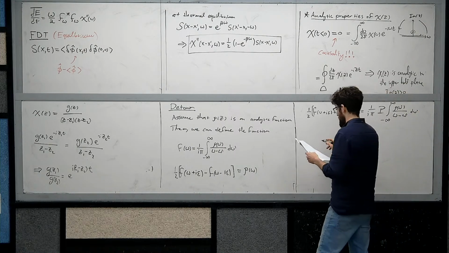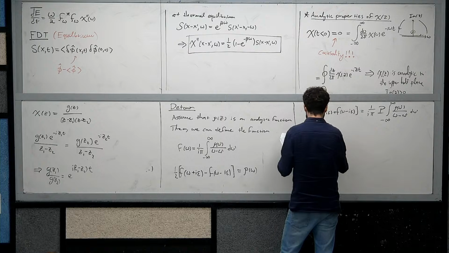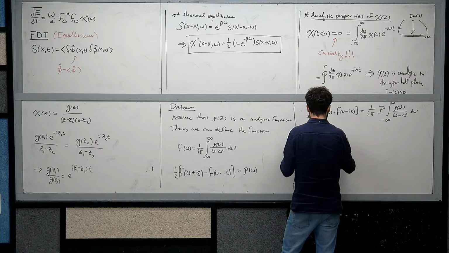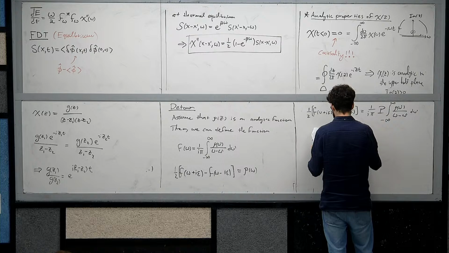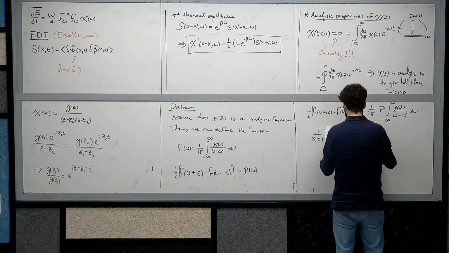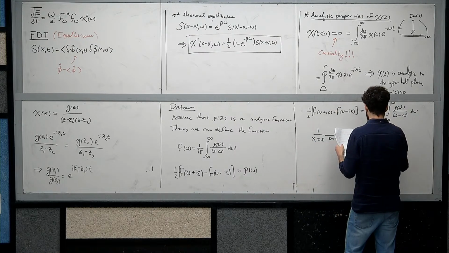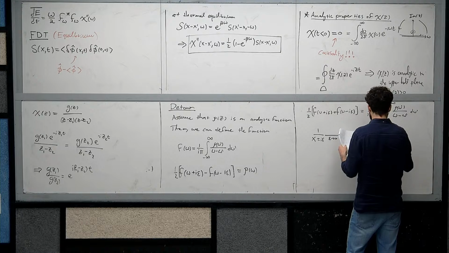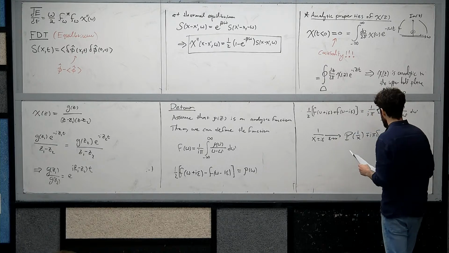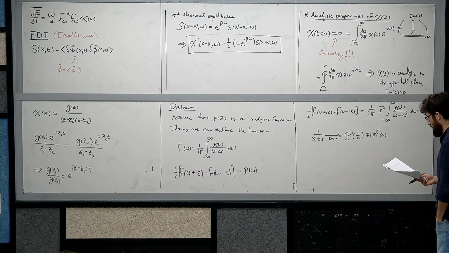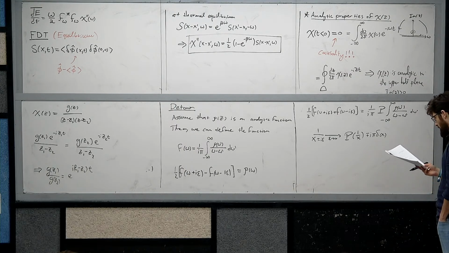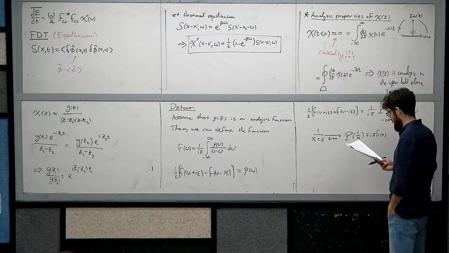And here I'm using the relation that 1 over x plus or minus i epsilon, in the limit where epsilon goes to 0, gives the principal value of 1 over x, minus or plus i pi delta of x. Okay? Which is also attributed to Dirac, as far as I know.